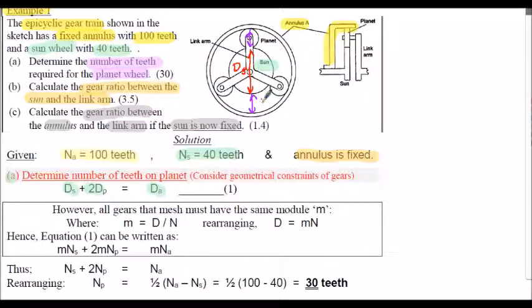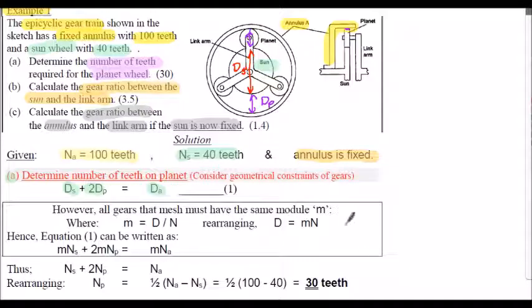So that's my D planet, and of course there's 2 of them. So adding the diameter of the sun wheel to twice the diameters of the planets actually gives us the pitch circle diameter of the annulus. That point there is what we're adding to. Okay, so that's just from the geometry, looking at the constraints we're given for the gears here.